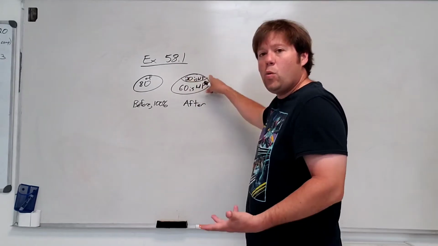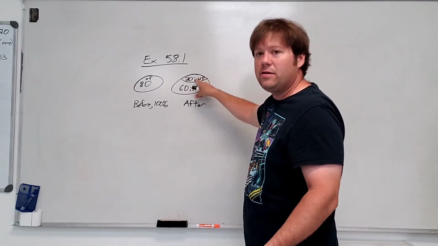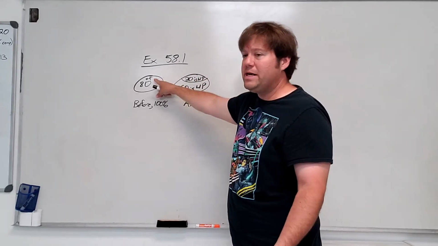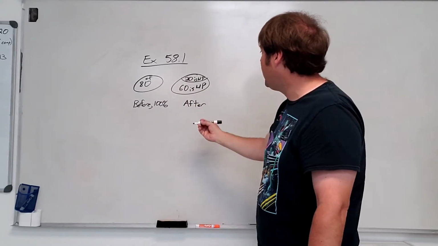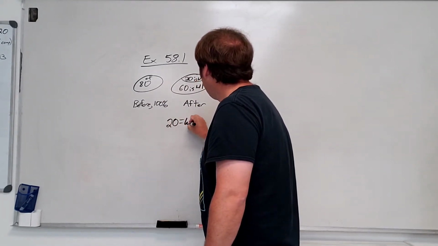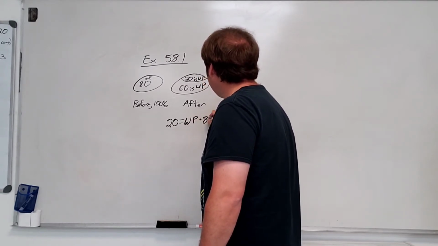We're trying to find out what percent is 20. So it says 20 is, and we know in math is means equals, what percent of, and we know of means times 80. So we can write a problem out. We can write 20 is what percent of 80.